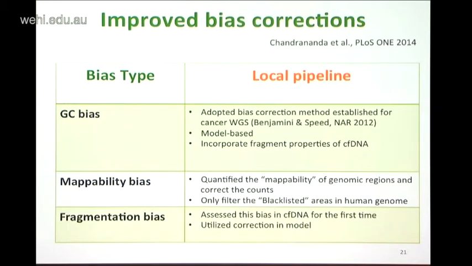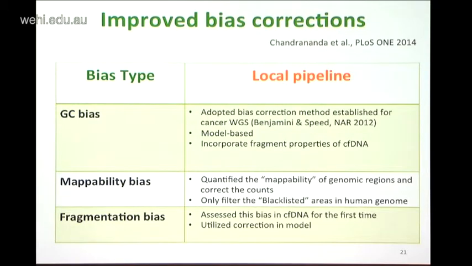So we decided that our local pipeline could do better, and we wanted to see whether we could have alternative steps to correct these different biases. To correct the GC, we decided to adopt a method by Terry and his student. It was first introduced for cancer whole genome sequencing data, and it's based on a model.